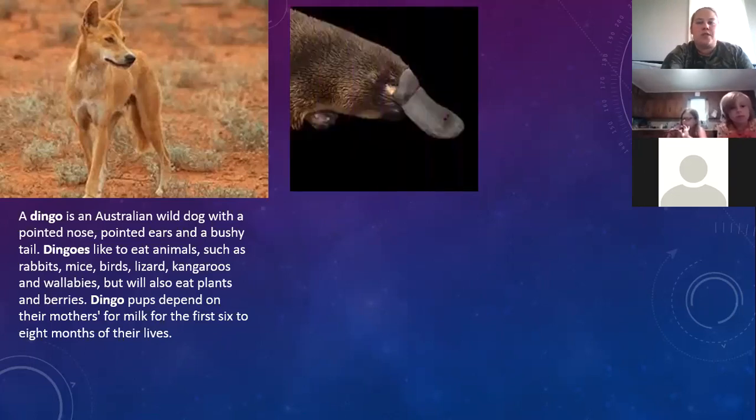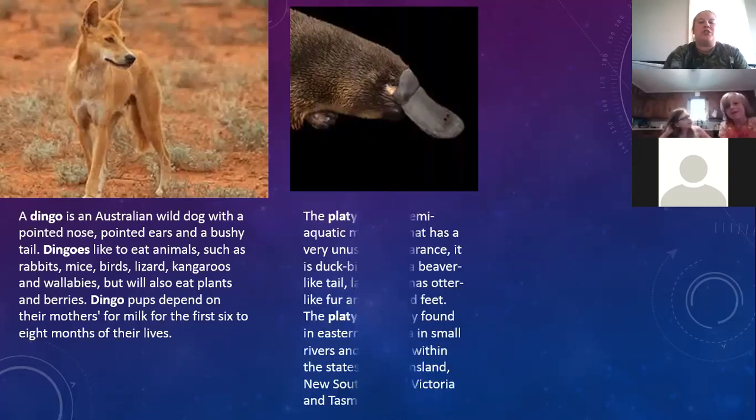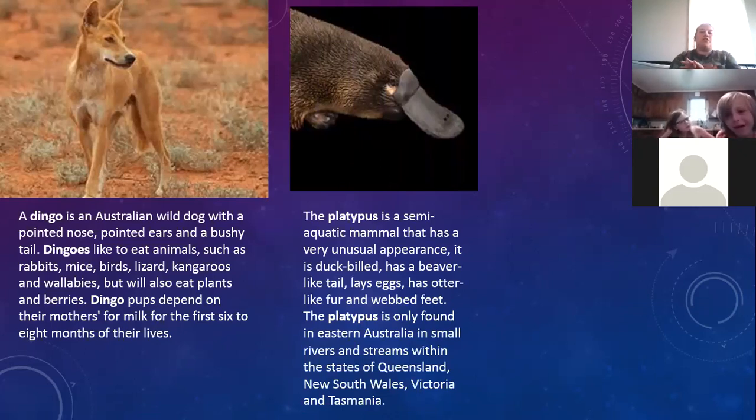Okay. Do you guys know what this animal is? It is a platypus. The platypus is a semi-aquatic mammal that has a very unusual appearance.